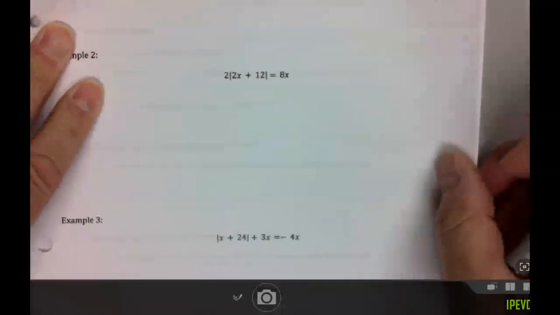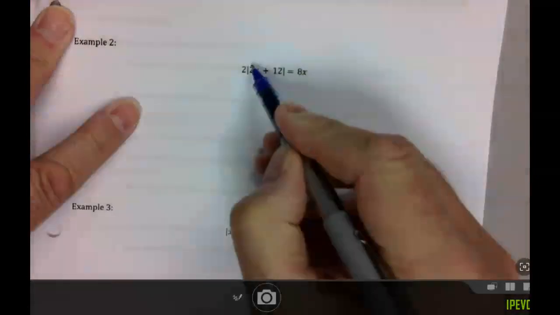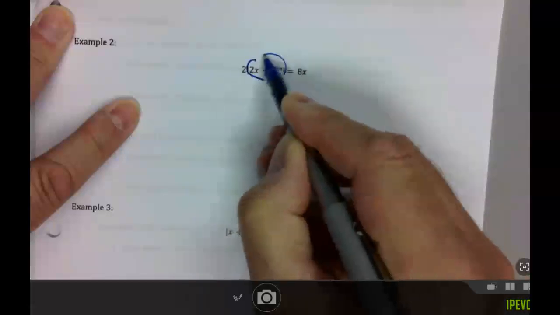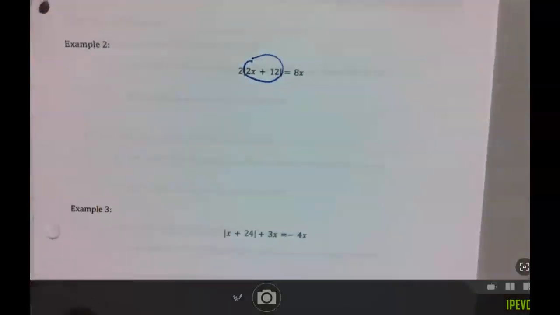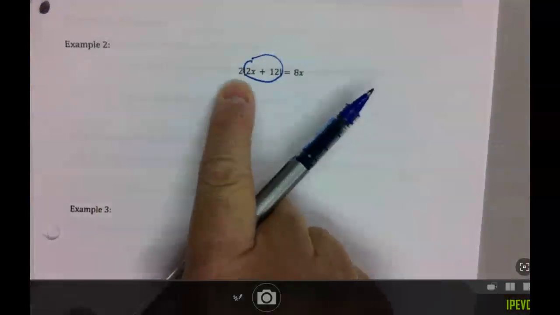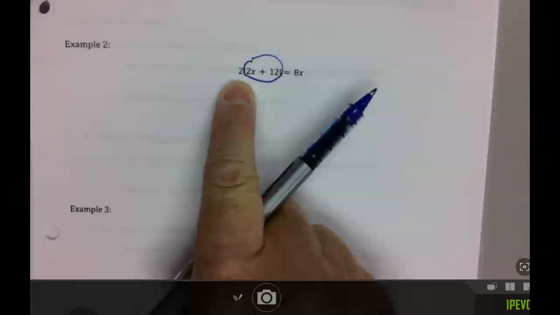Okay, turn the page. Here's example 2. Here's a mistake that many kids make. Before you write your two equations, you should always get rid of everything that's on the outside of that absolute value. So what do we notice is on the outside there? A 2. So we need to get rid of that 2 first.